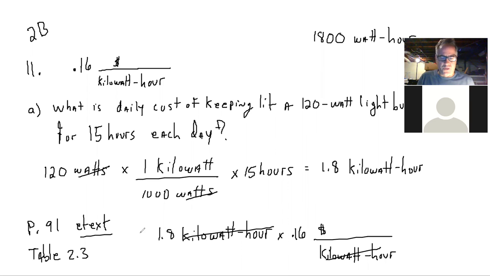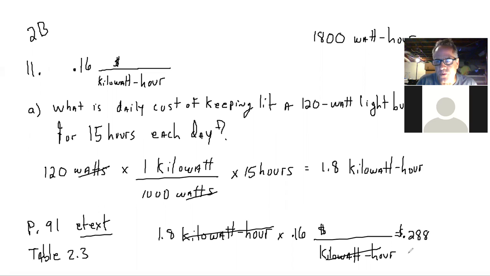So you just go 1.8 times 0.16, which comes out to roughly about 29 cents, or 0.288. So your daily cost seems like a reasonable cost, unless you're a dad.